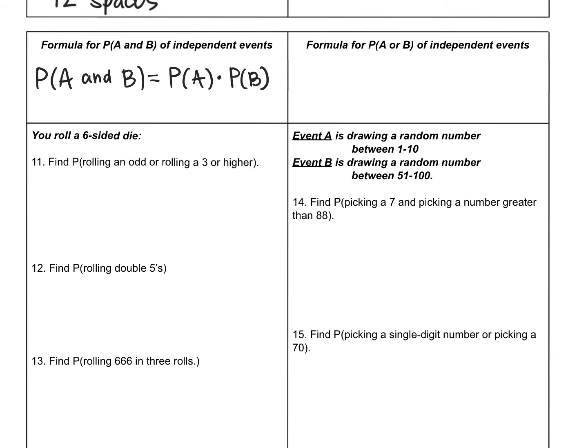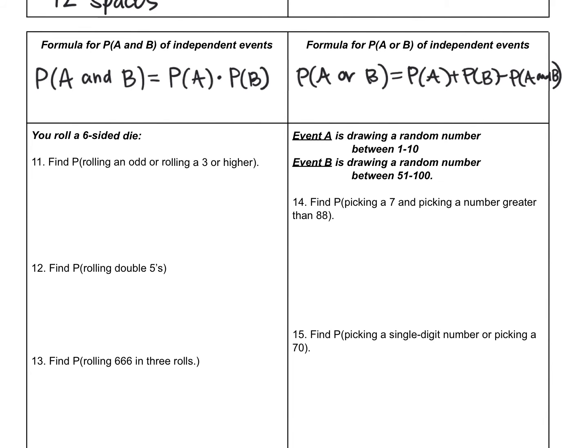Probability of A or B was when we added: probability of A plus the probability of B minus the probability of A and B. So remember with or, we have to subtract that overlap.